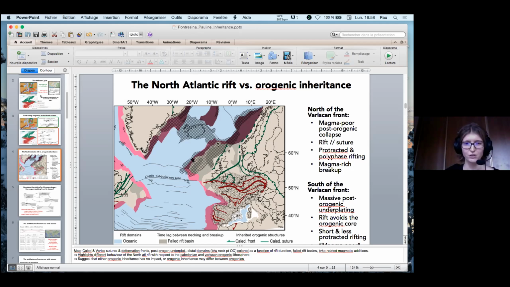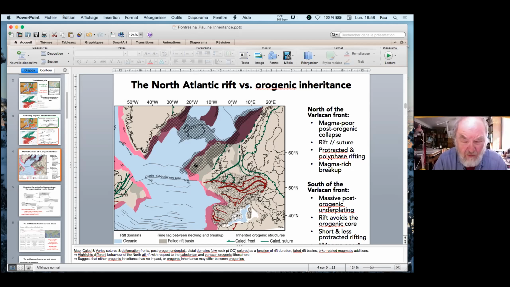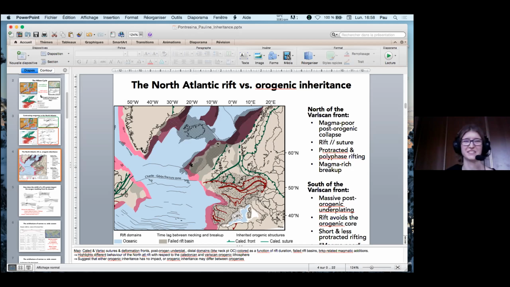So I think you are, tell me if I'm right, talking about local structures, right? Yes. Maybe it's also a question for the other two speakers. Yeah, it's what I was thinking. That was much more the topic of the other talk, because here I'm much more focused on the very large scale inheritance, and in particular the mantle composition.